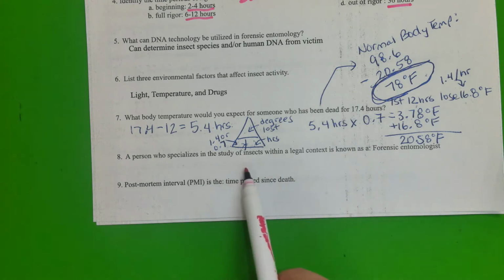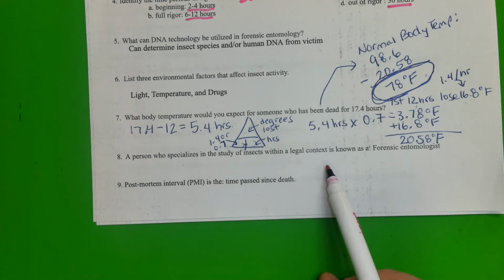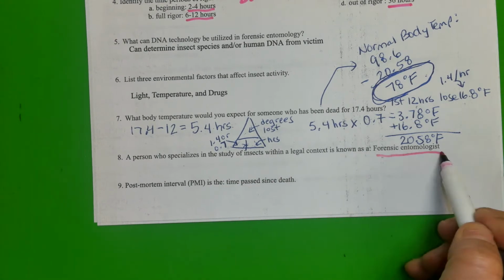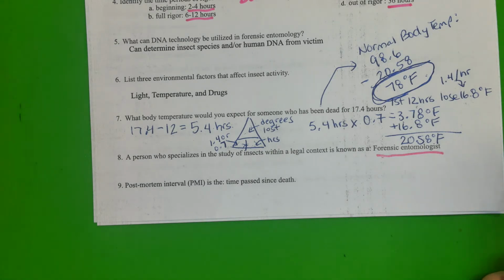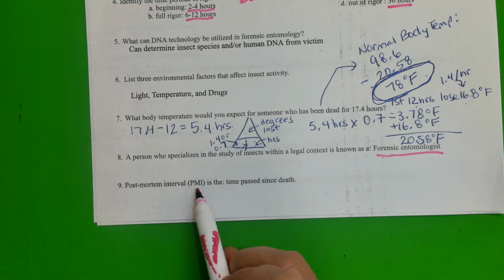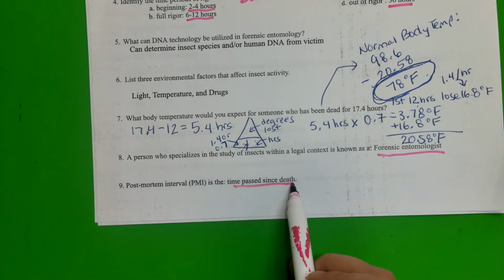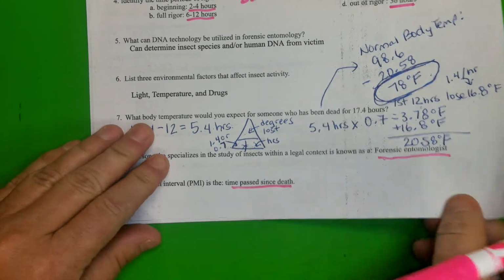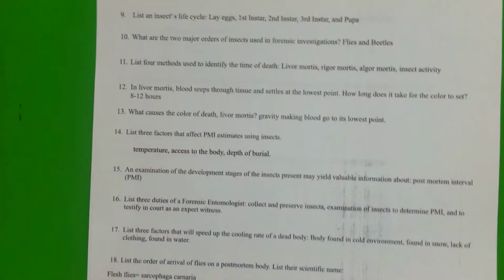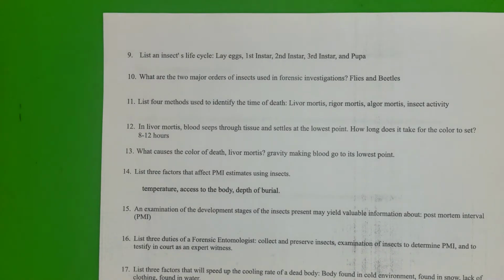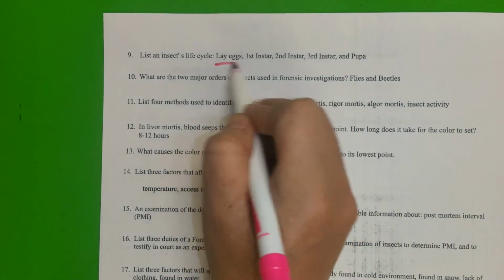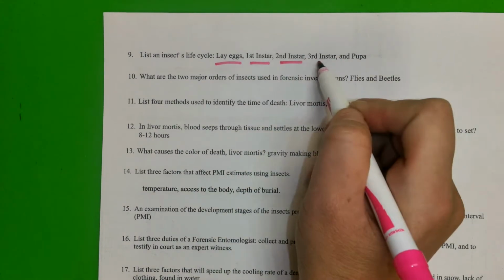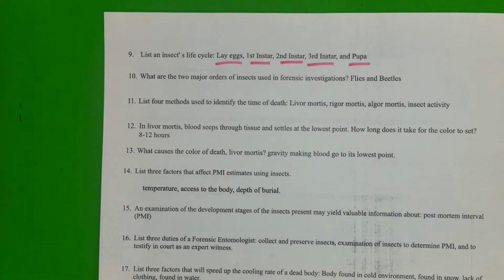Okay, the next one. A person who specializes in the study of insects within a legal context is known as a forensic entomologist. Post-mortem interval, which is PMI, is the time passed since death. Number 9, list an insect's life cycle: lay eggs, first instar, second, third, and then pupa.